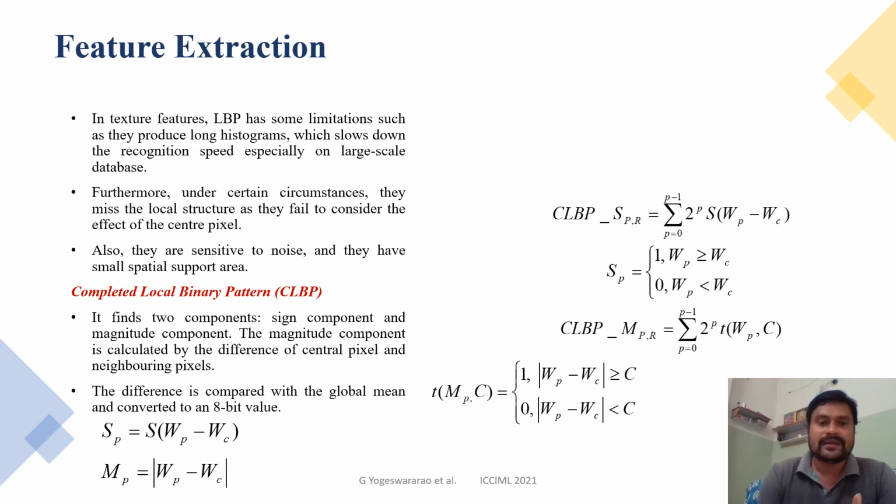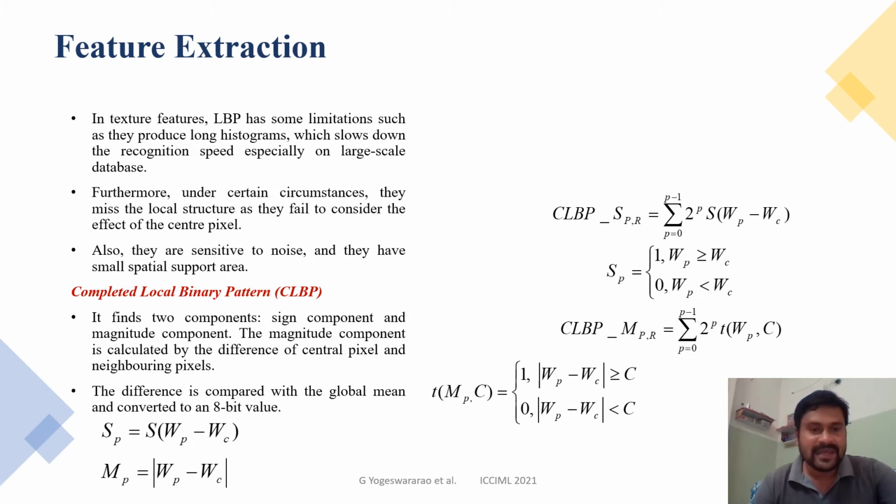We calculate two components: one is the sign component and the next one is the magnitude component. The magnitude component is calculated from the difference between the center pixel and the neighboring pixels, and the difference is compared with the global mean and converted into an 8-bit value.